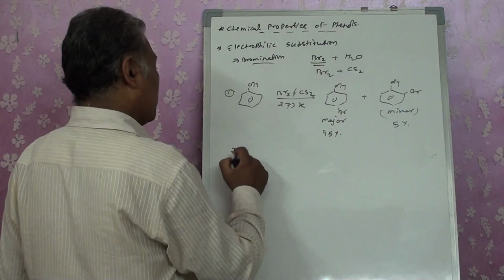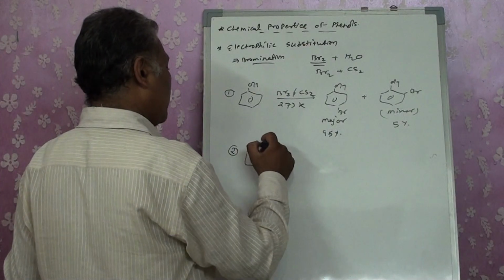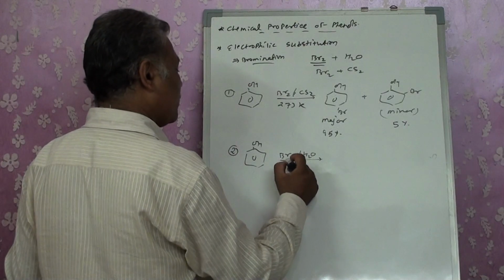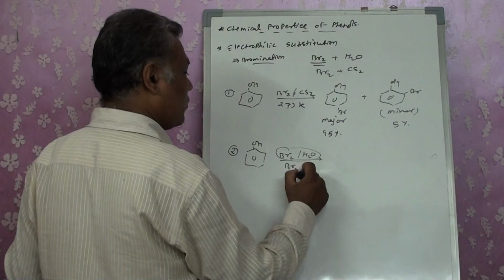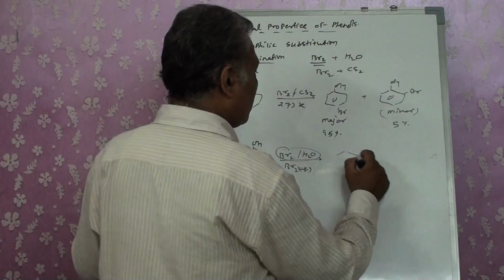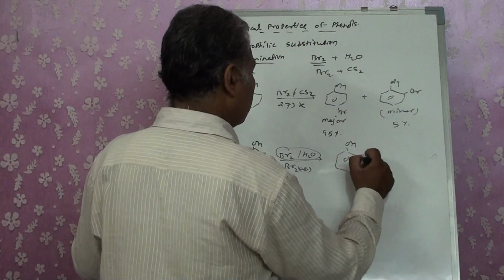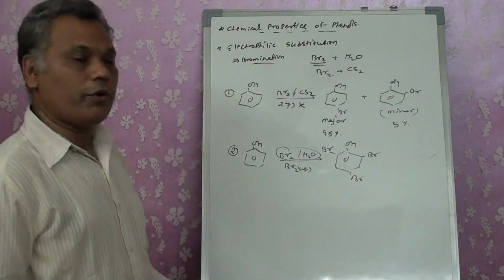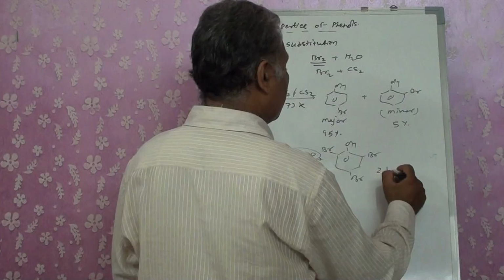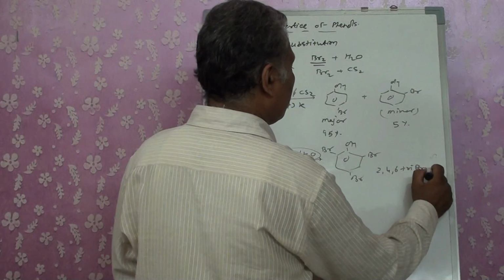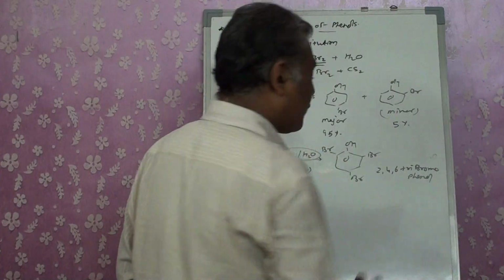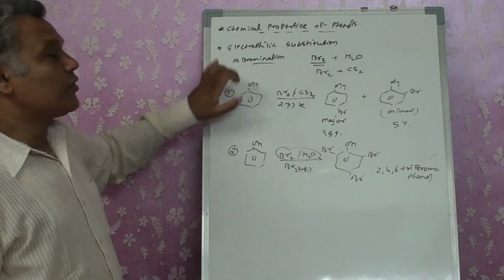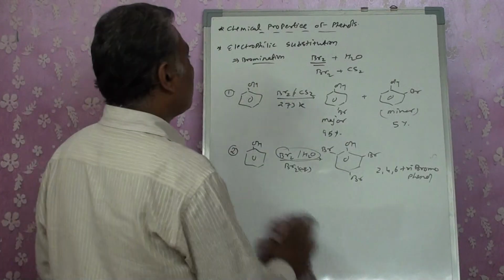But in place of that, if phenol is reacted with water, which is also many times written as Br2 aqueous, the product you get in water is 2,4,6-tribromophenol. All three positions are replaced at a time, all of them at once. So that is the specification of bromine.